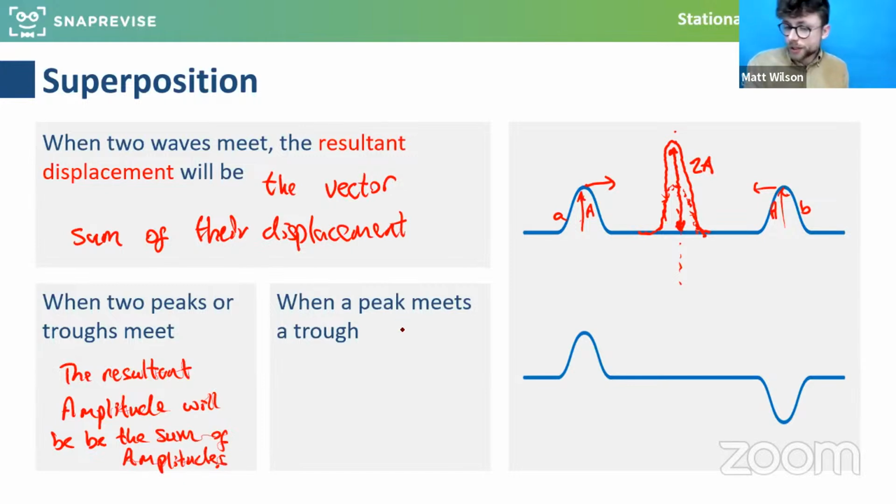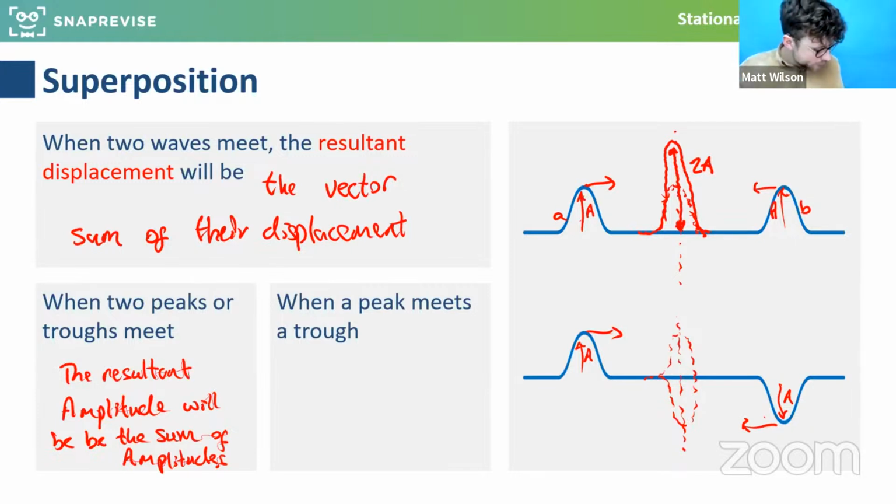Okay, let's see the opposite situation where we have one peak that's going to bump into one trough. And for simplicity, let's imagine that they both still have an amplitude A. Just one's going up, one's going down. When they meet in the middle, what will be the displacement? One's going up with a displacement of A, one's going down with a displacement of A. Zero, good.